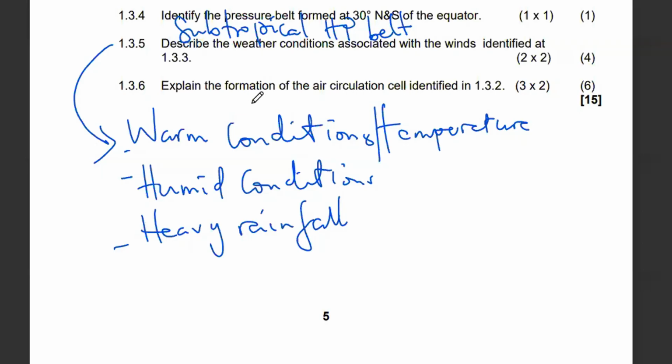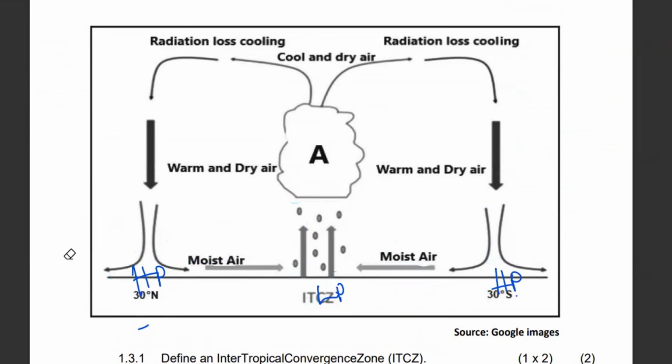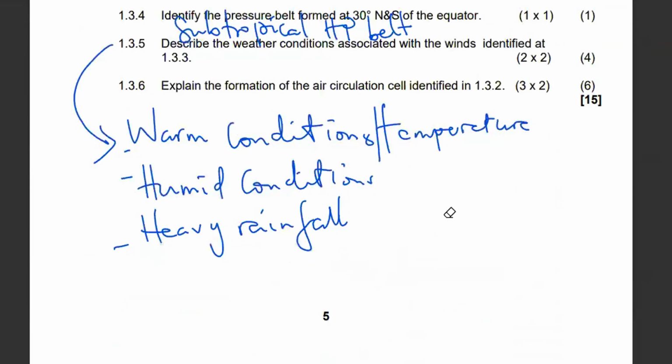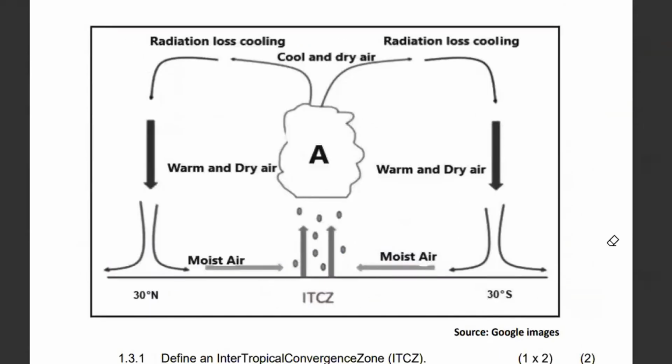Right, then the last question says, explain the formation of the air circulation cell identified. I'll use the diagram to explain. For the same reason that I was explaining here, this high pressure cell is going to develop. This circulation cell is going to develop. So this Hadley cell, when we're explaining the formation of a cell, can form starting from any point because it's a continuous process.